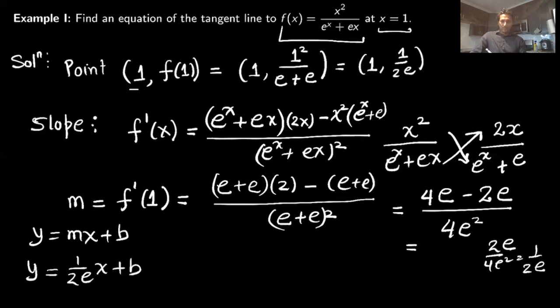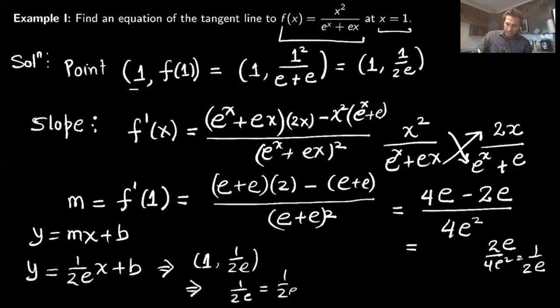Now we need to calculate b. Since we know that this line passes through the point 1 over 2e, this point gives you y equals 1 over 2e when x is 1, so 1 over 2e equals 1 over 2e plus b. So from here you calculate b is 0 because they cancel out.